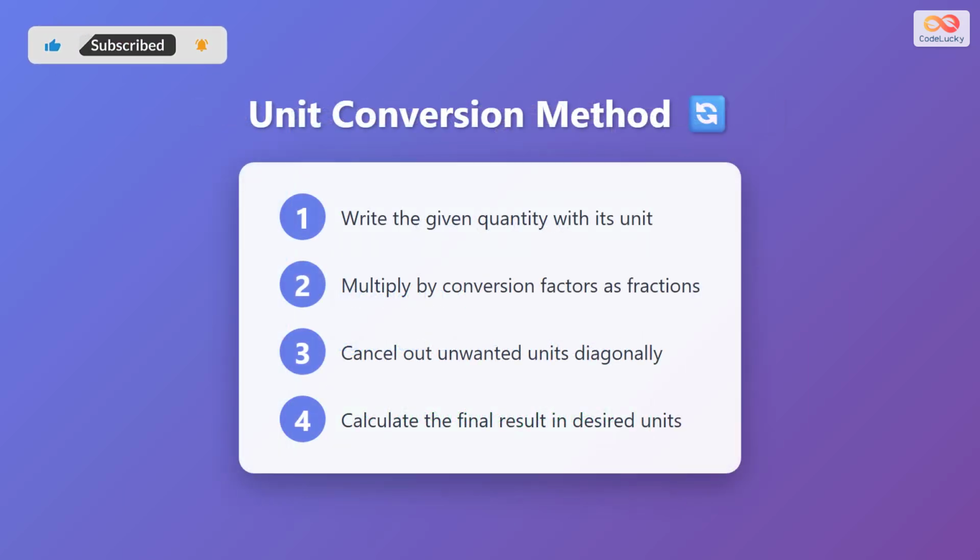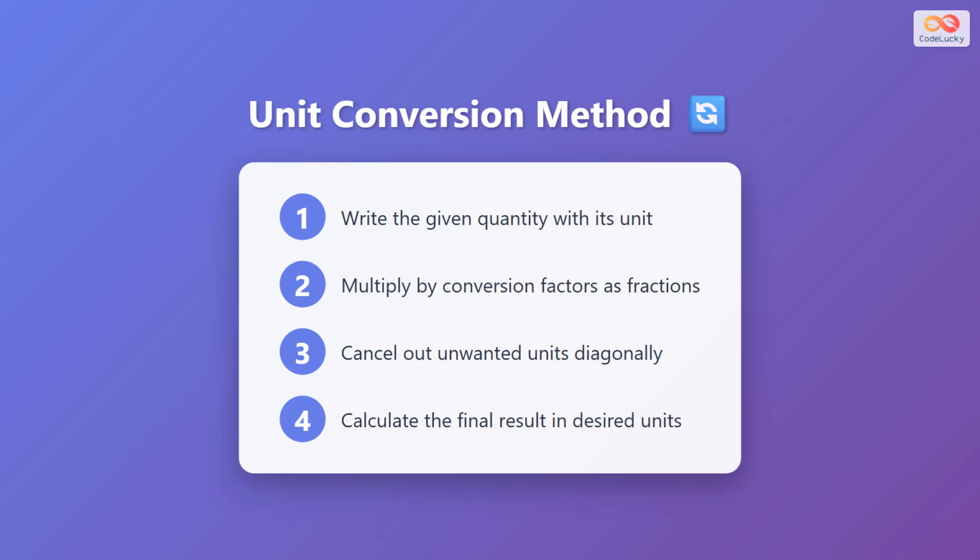Converting units using dimensional analysis follows a systematic four-step process. First, write down the given quantity along with its current unit. Second, multiply by conversion factors expressed as fractions, where the numerator and denominator represent equivalent quantities. Third, cancel out the unwanted units diagonally, just like you would cancel numbers in a fraction.